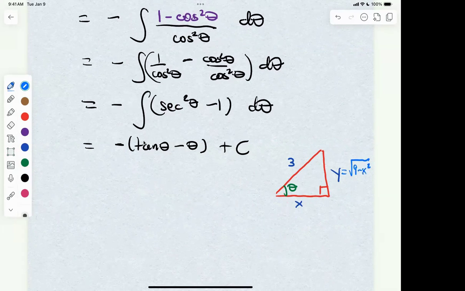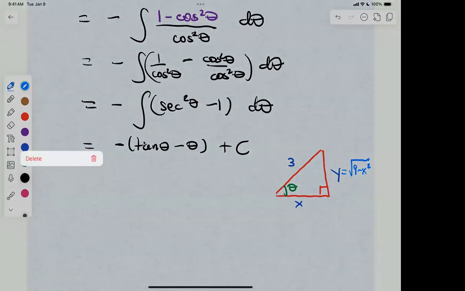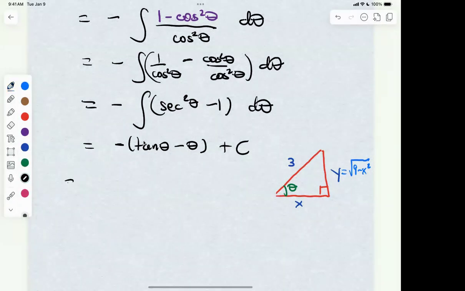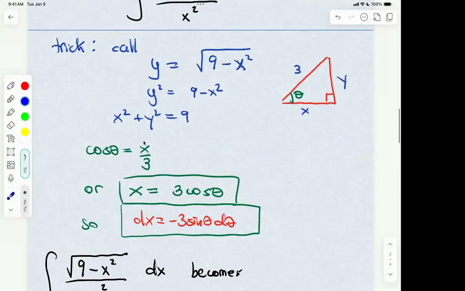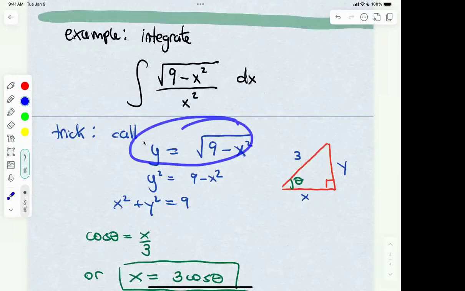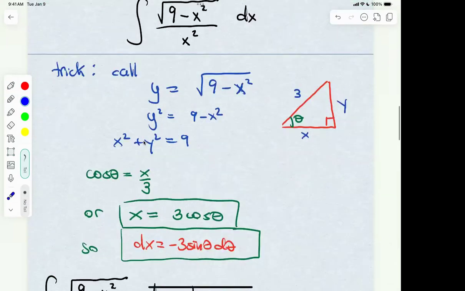Since you integrate with respect to x, the answer should be given in terms of x exclusively. So how can I do that? What is tangent from the diagram? Tangent is y divided by x, but if you go back to the very beginning of the problem, I had given y in terms of x actually.